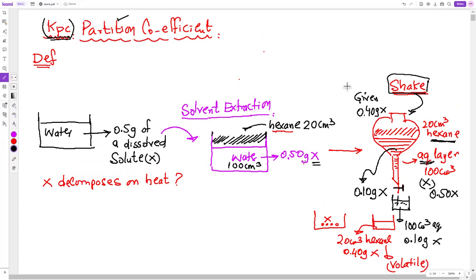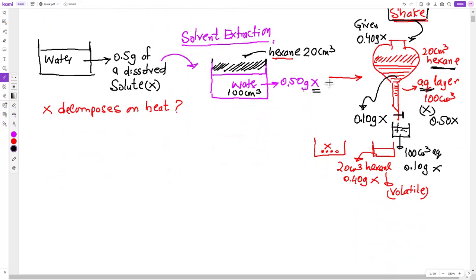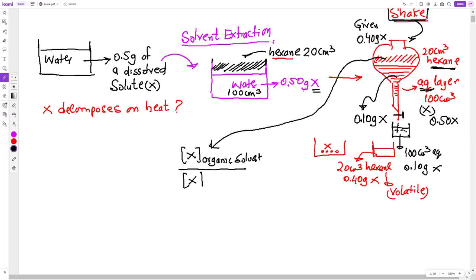Or in simple words, beta, Kpc is a ratio of concentration: the concentration of X in organic solvent, look, this upper layer is the organic layer, so X is dissolved in this solvent and will have some concentration because a solution is made there, and the concentration of X in aqueous solution.